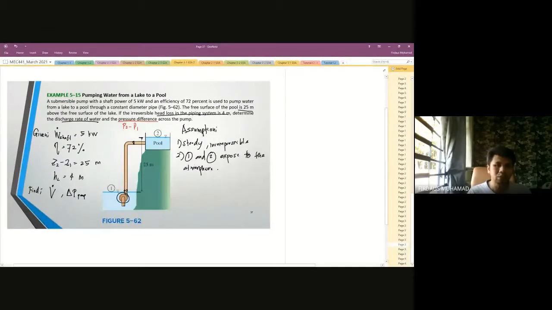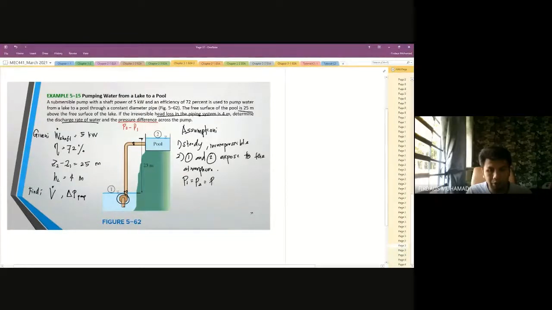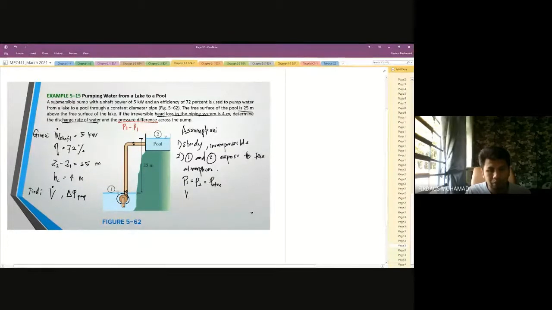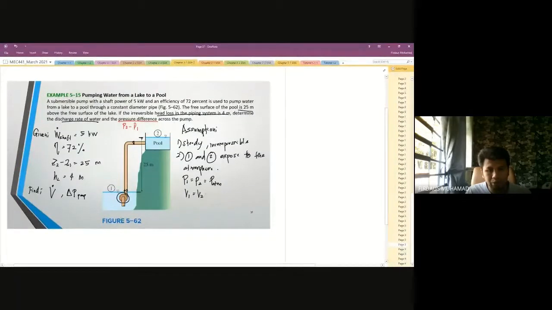Okay, so kita tahu kalau dia expose to the atmosphere, P1 equal P2 equal to 0 ataupun atmospheric pressure, and then apa lagi yang kosong kalau expose? V1 kosong ke tak? V1 sama dengan V2 sama dengan kosong. Okay, sebab very large and then it is exposed to the atmosphere at point 2 dengan point 1.